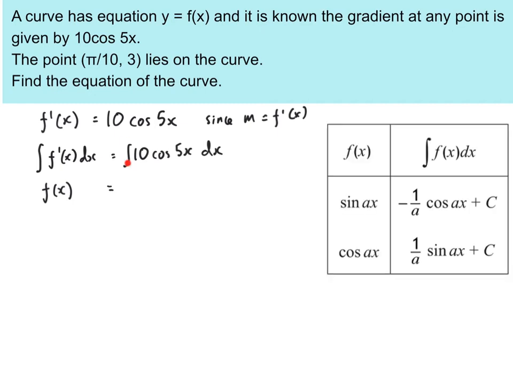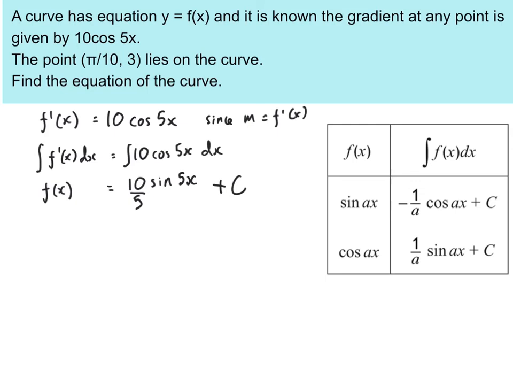I have been asked to integrate cosine, so cosine will go to positive sine. So 10 cosine will go to 10 sine. We've got a coefficient, so the coefficient doesn't change, but we need to divide by that coefficient. So I will have 5x, but I need to divide by that 5. I also need to add my constant of integration.